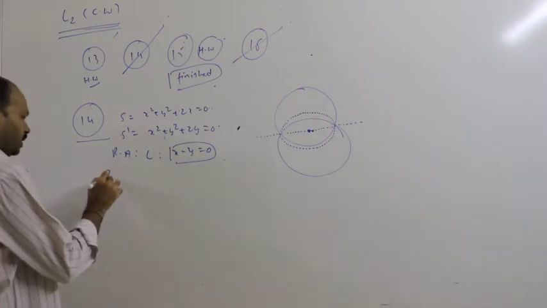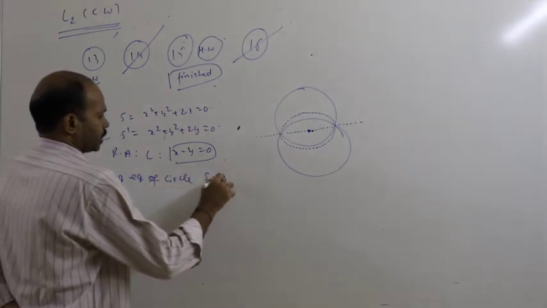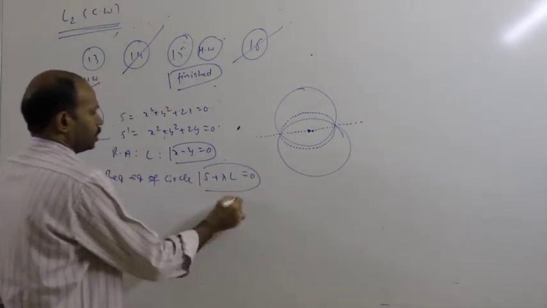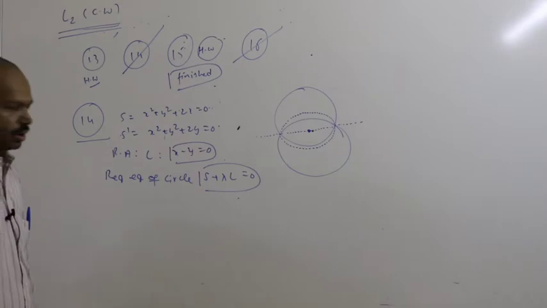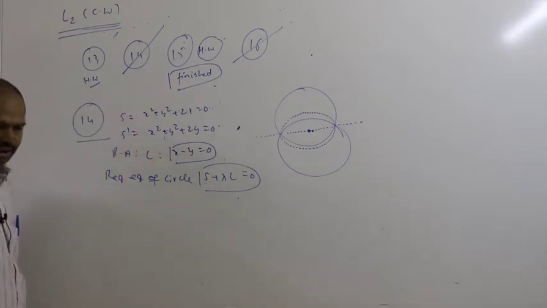Now the required equation of circle is S plus lambda L equals 0. You may have a big question mark: which S do we have to operate? Either this or this, there is no change.